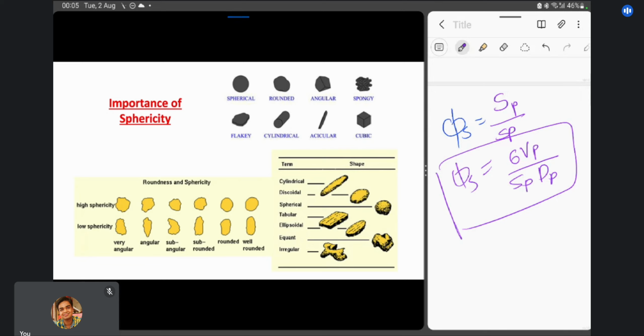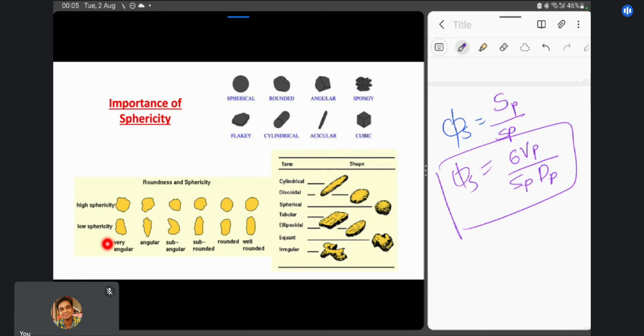So for all of these materials, we need to understand what the sphericity is. If the sphericity is very high, we can consider it a high sphericity material, and if it is very low, we can predict something about the shape. No one will give you the shape of the particle, but if someone says the sphericity is 0.1, 0.2, 0.3, very low, then you can understand that this particle is obviously not a sphere at all.